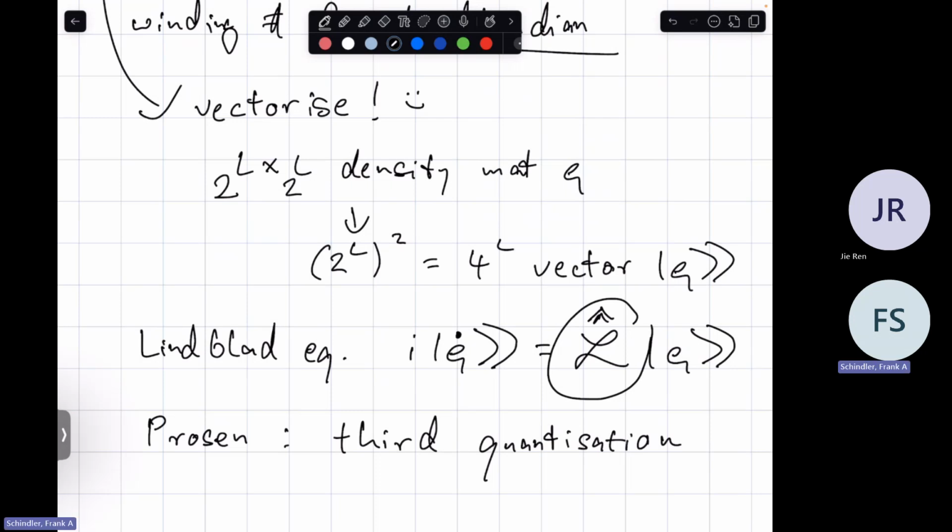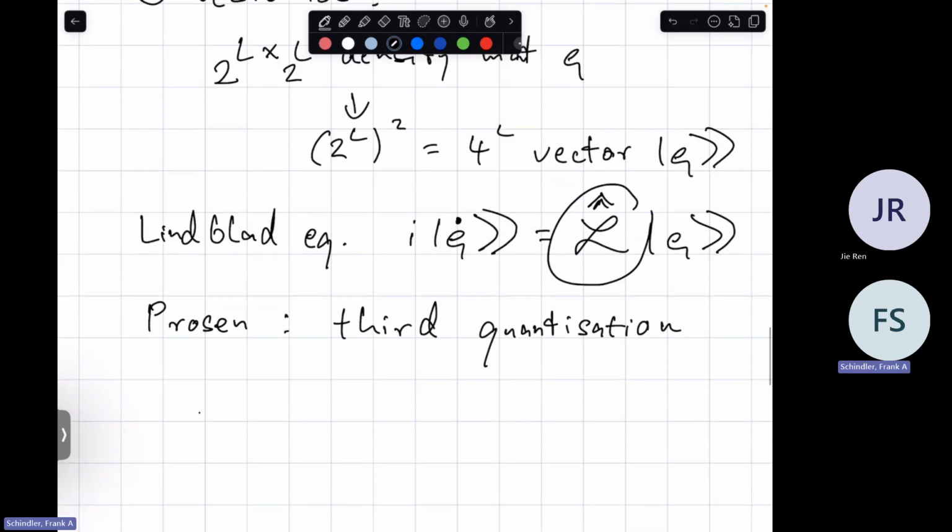Because we want to write down the superoperator L, which acts on matrices, so it acts on operators. We know that our basis of operators in a many-body system we can span by c and c dagger, the creation and annihilation operators. So in order to act on that basis, we want operators that create creation operators, destroy creation operators, create annihilation operators, and destroy annihilation operators. And Prosen has done it for us.